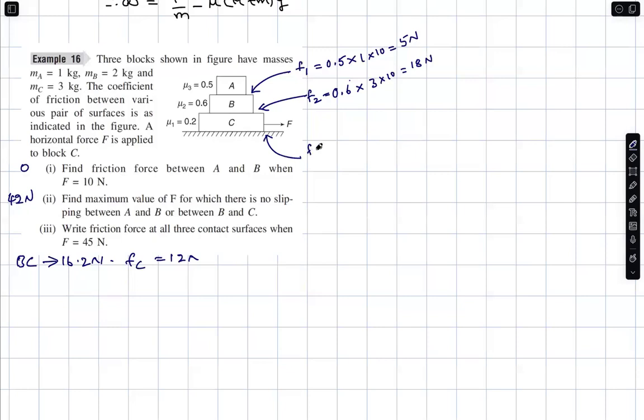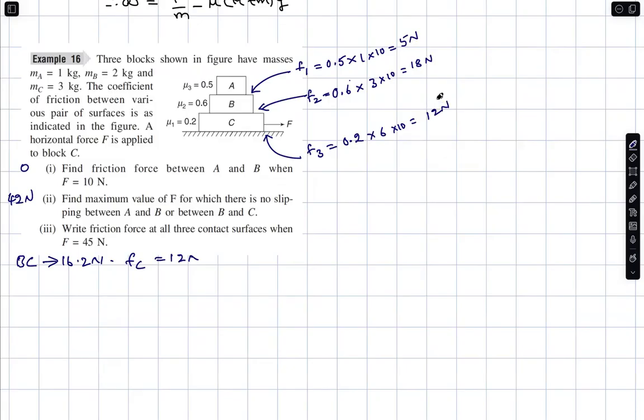And the coefficient of friction F3 is 0.2 into total is 6 into 10. That will become 12 newtons. That is the first stage study.